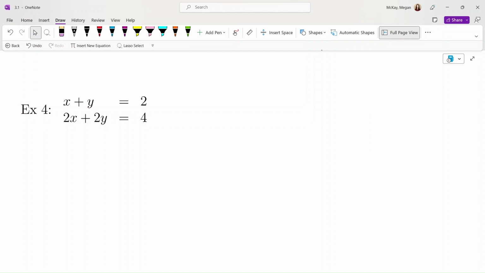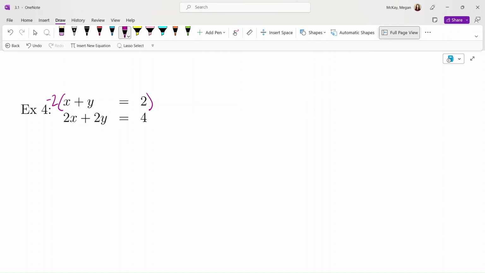Alright, we'd like somehow for the x's or the y's to cancel out. So if we're looking here, we have positive x and positive 2x. If we want them to cancel out, we need something to change a little bit. So let's go ahead and multiply this top equation by negative 2.